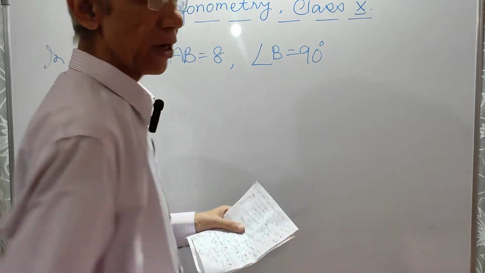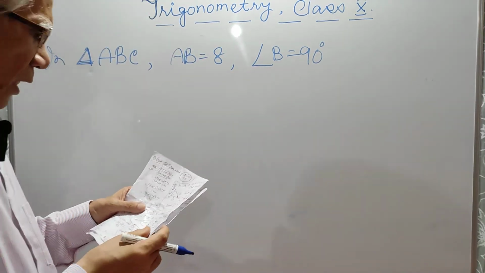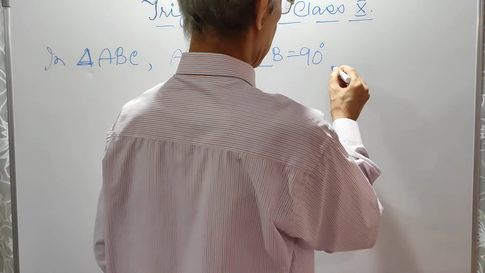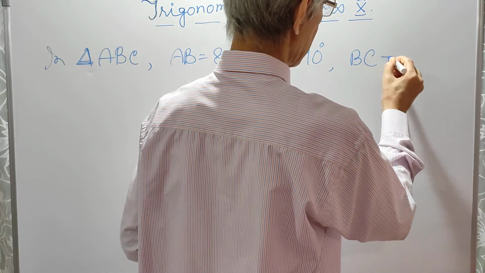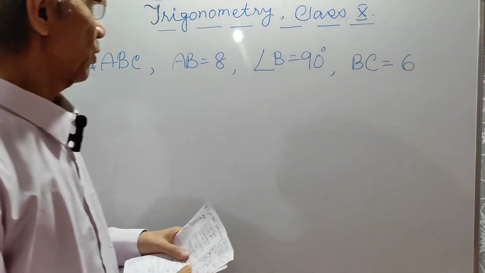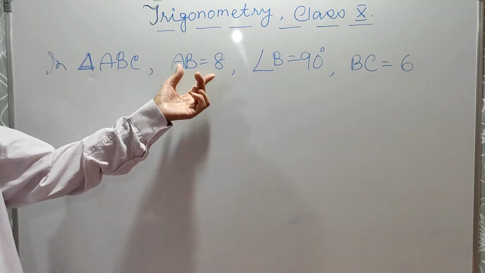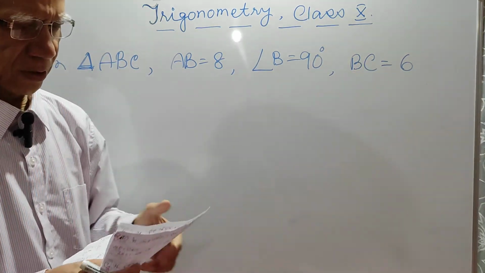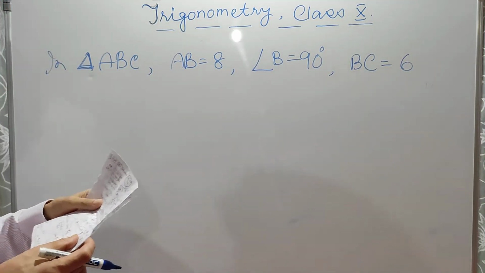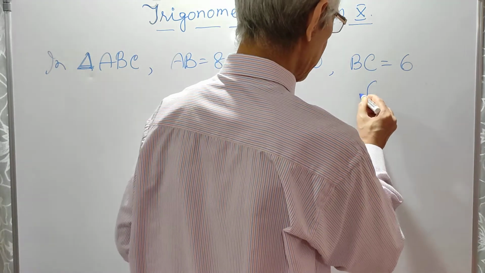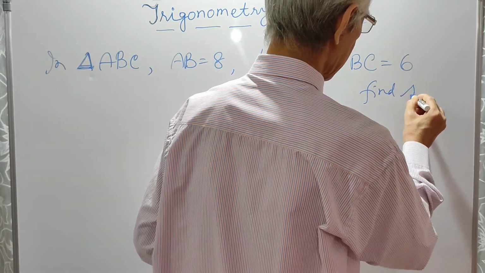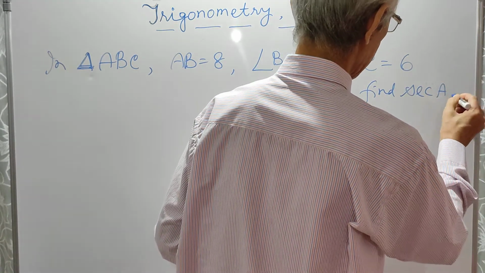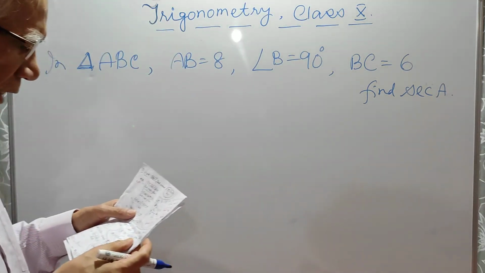Again it is a right angle triangle. Three measurements are given, and the question is to find sec A, the secant of angle A.